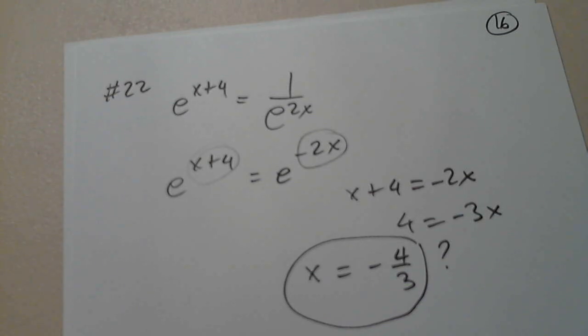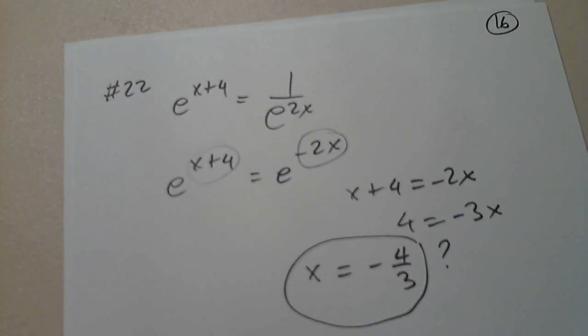And then on the other side, I have 1 over e to, in parentheses, 2x, 2 times, in parentheses again, negative 4/3. Be careful. And I have to get the same answer.